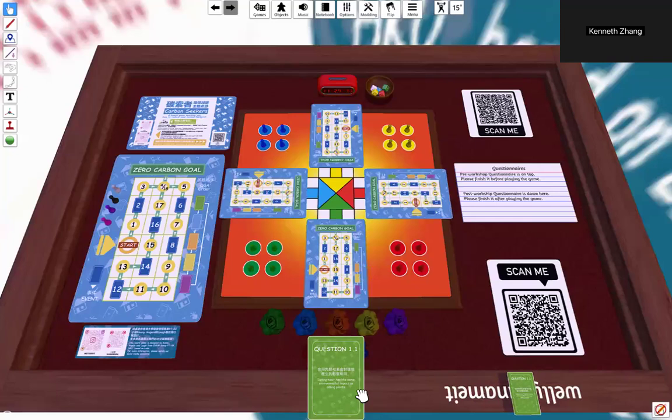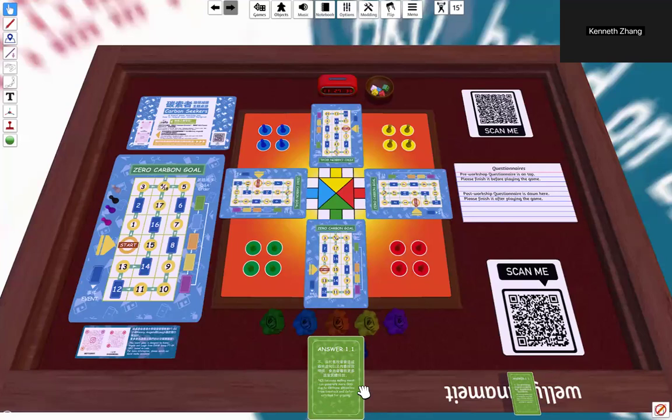And to decide whether you can move or not, once we flip it, you could see the answer of this question. But this one is also a model answer. If you answer something similar or quite different from this one, other players will vote to decide whether you are correct or not.